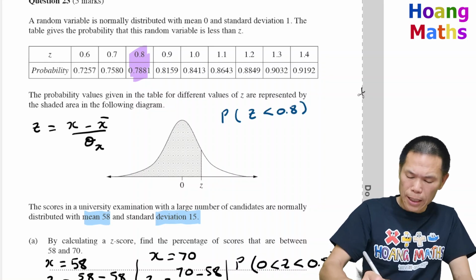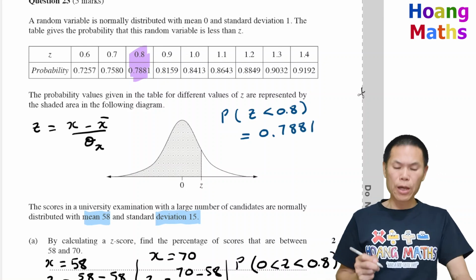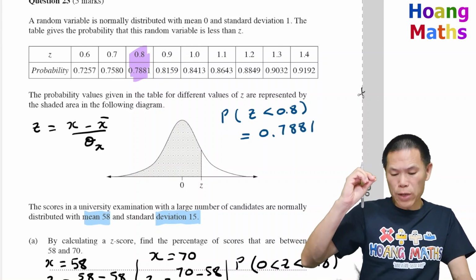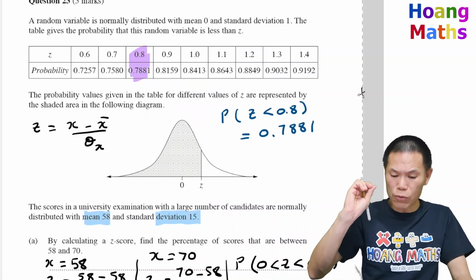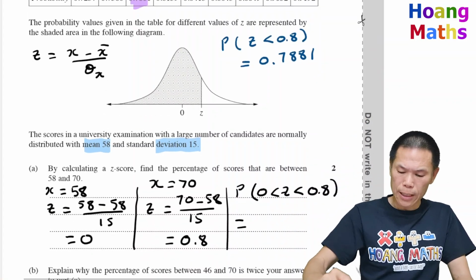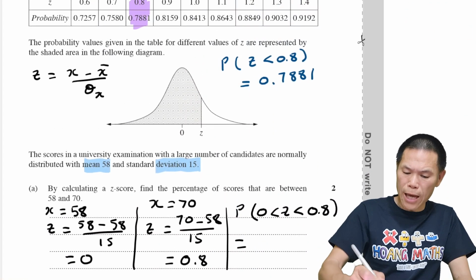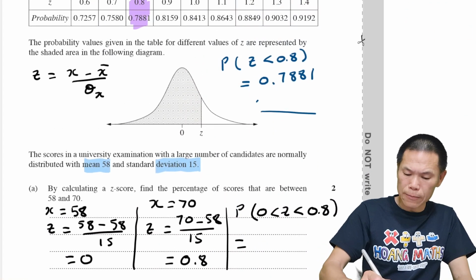That is equal to 0.7881. But we need to find the area or the probability between 0 and 0.8. So from 0 to 0.8 is this.